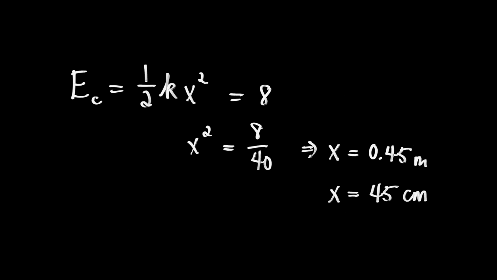So x squared is going to be equal to 8 divided by 40, since half of 80 is 40. And so x, the compression of the spring, is going to be 0.45 meters. Yeah? 0.45 meters. Or, if you like, 45 centimeters.